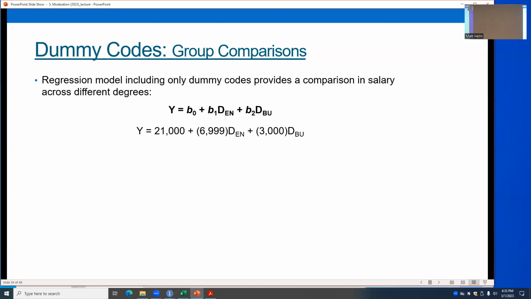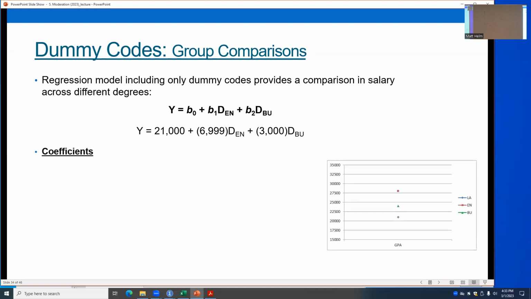If I take a look at my individual coefficients, beta 0 is my mean salary for liberal arts. Why? Because it's your reference group? Because it's my reference group. Exactly right, Danielle.